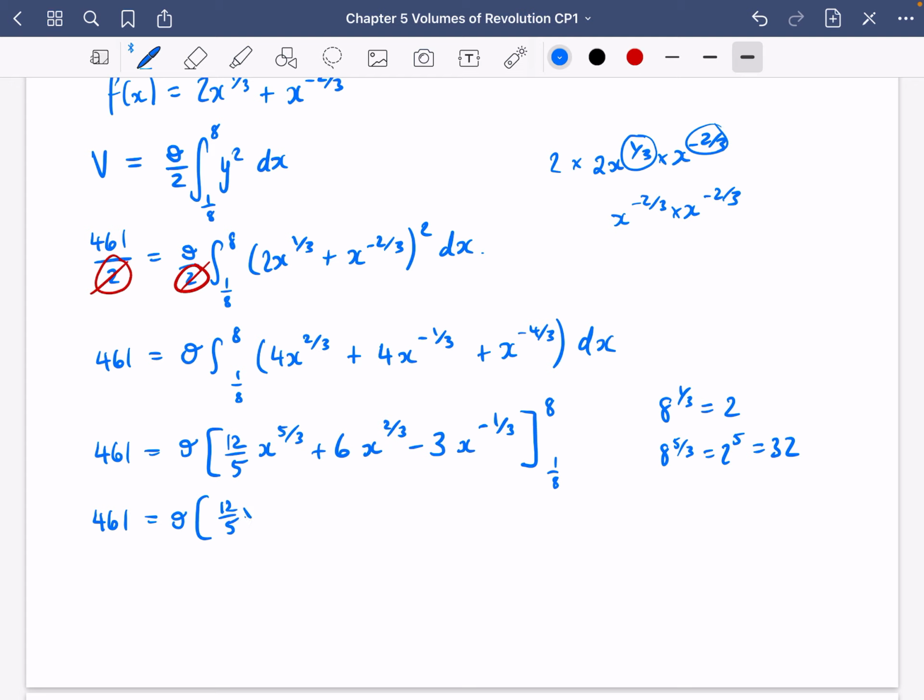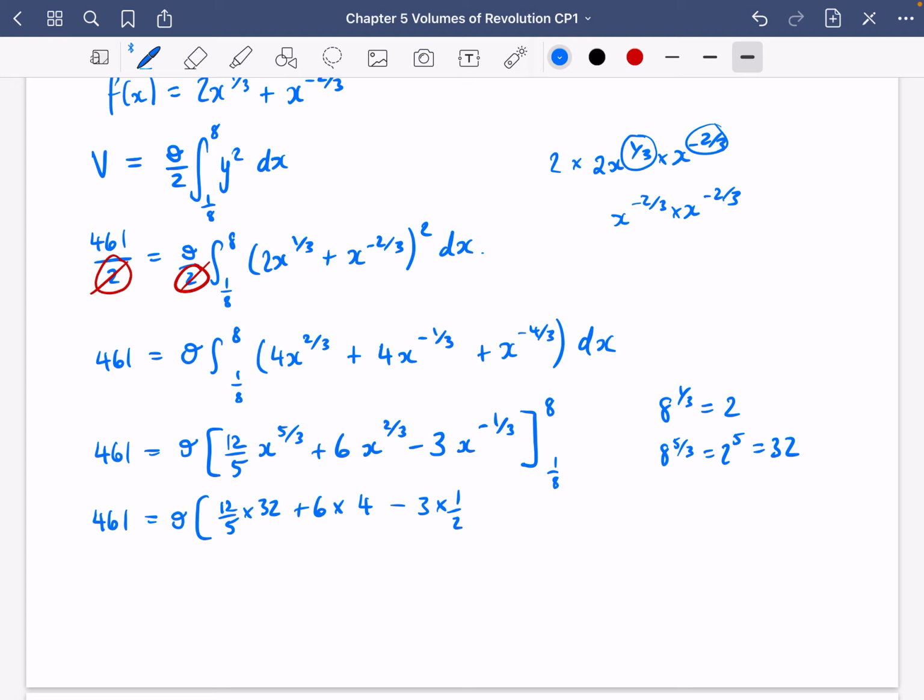So this is 12/5 times 32, plus 6 times 8 to the 2/3, which is 2 squared, which is 4. And I'm going to minus 8 to the minus 1/3, so it's going to be 2.5.